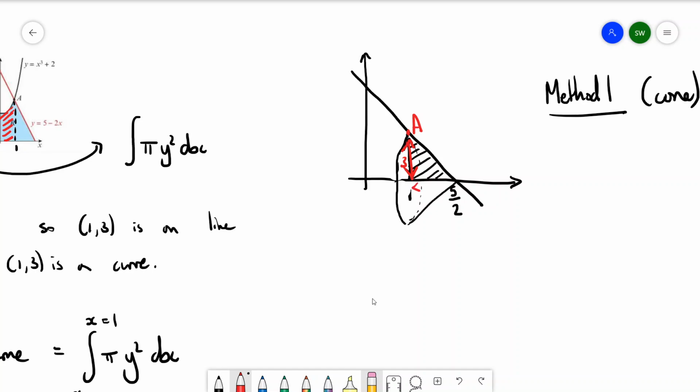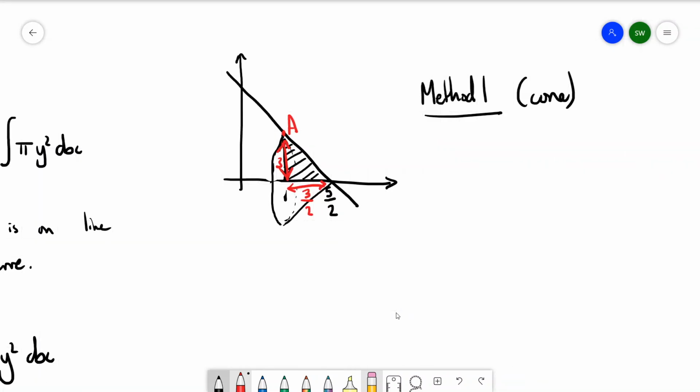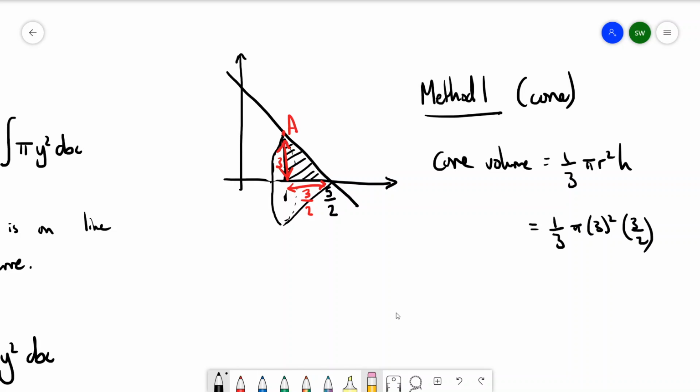And obviously the height of the cone is going to be the difference between 1 and 5/2, which is 3/2. So we can use the formula for the volume of a cone, 1/3 pi r squared h. So the radius is 3, and the height of the cone is 3/2. So that's actually equal to 9/2 pi.